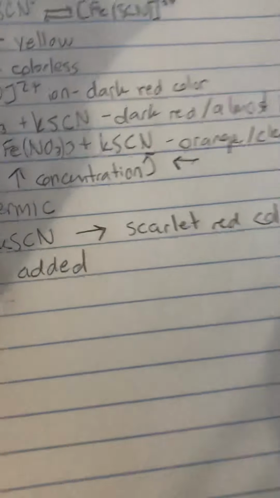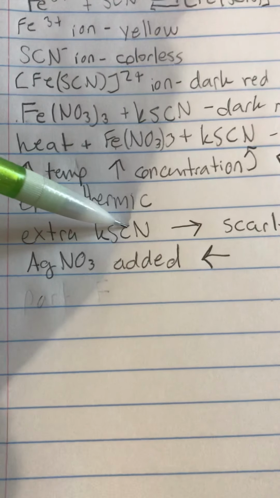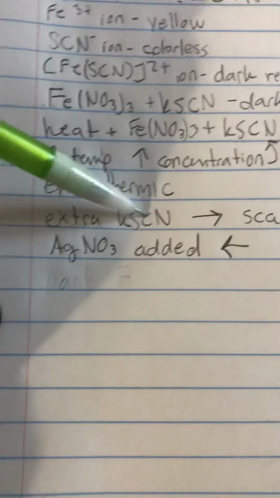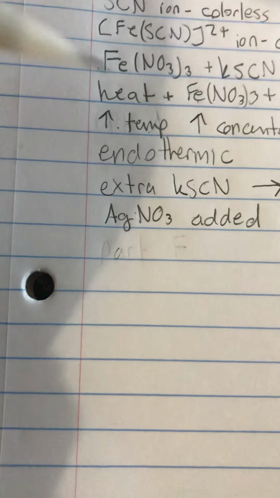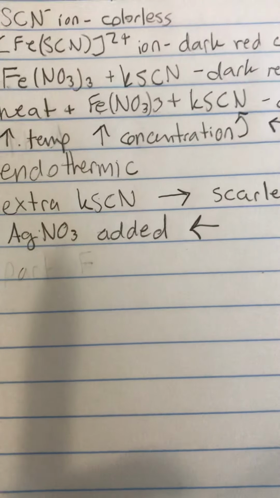So when AgNO3 was added, the equilibrium shifted to the left because the SCN- was removed. By removed, it means it reacted with the AgNO3. And AgNO3 was the precipitate created.